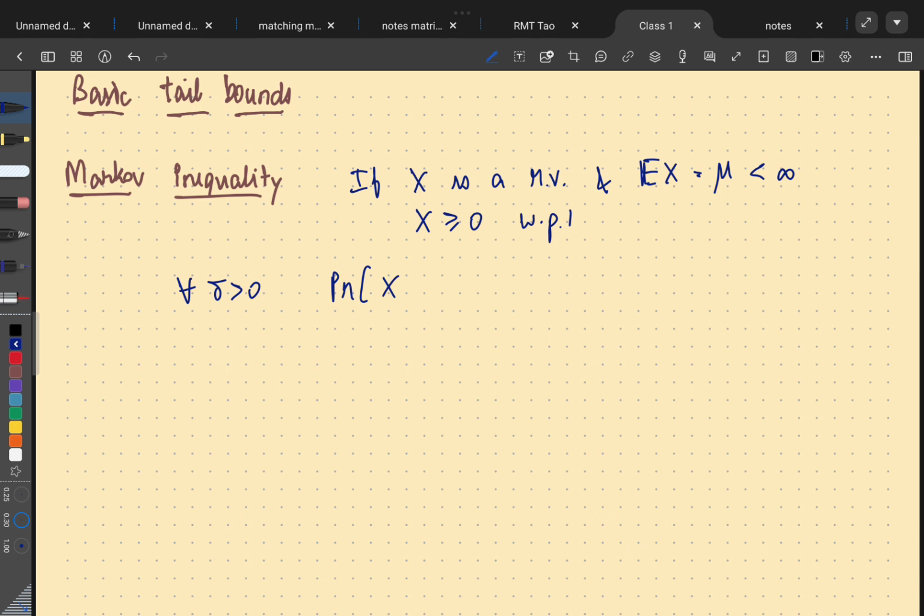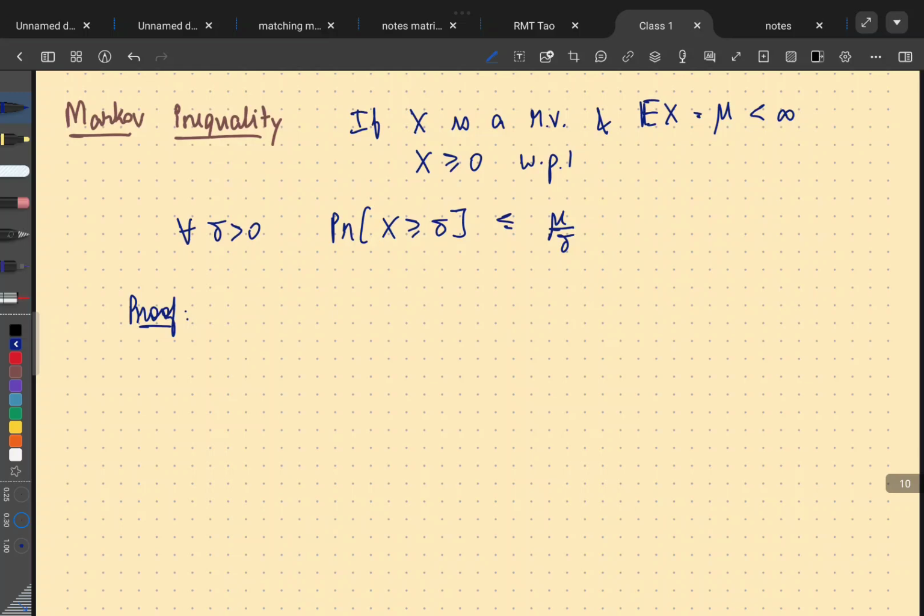The probability that x is greater than or equal to delta is less than or equal to mu by delta. And how do you prove this particular statement?